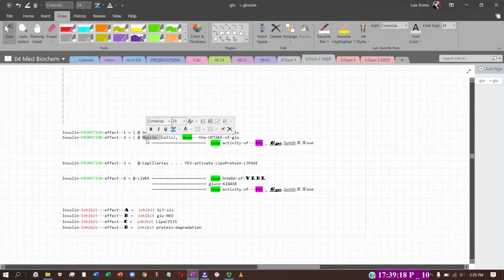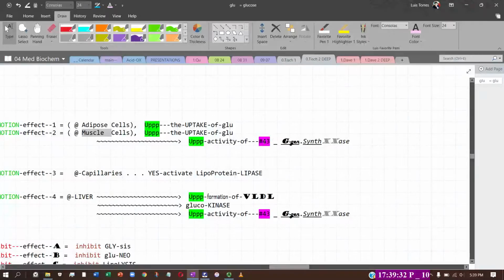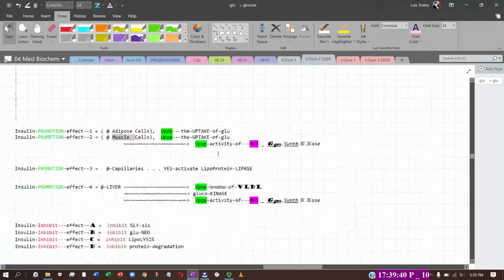And now at a different location, at muscle cells, the same thing happens. The uptake of glucose goes up. And something else to consider in the context of muscle cells, the activity of this enzyme, glycogen synthase, also goes up.